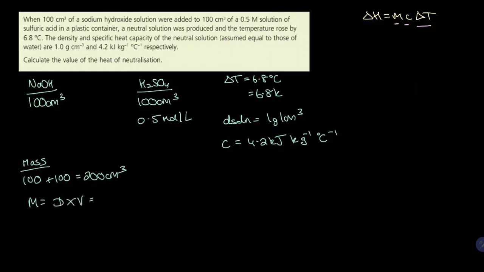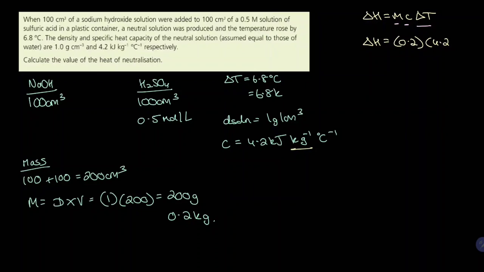Mass equals density times volume. So the 1 gram per centimeters cubed times 200 is 200 grams. But again, our specific heat capacity is given in kilograms, so we're going to need to change that to 0.2 kilograms before we put it into the actual formula. So now delta H equals the 0.2. Specific heat capacity is 4.2, and it's in kilojoules.